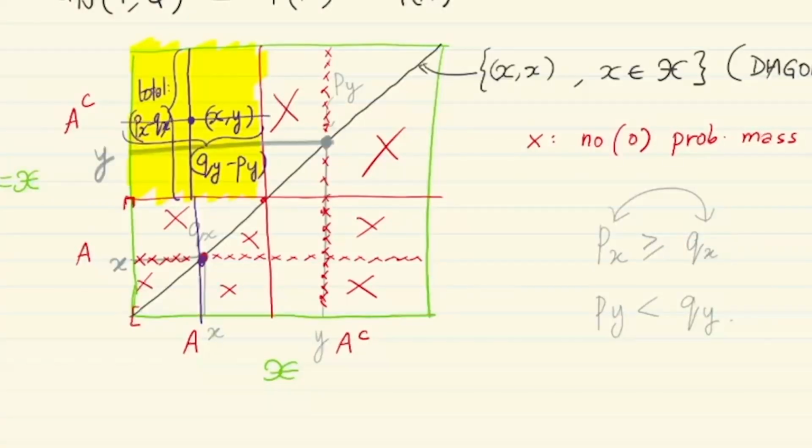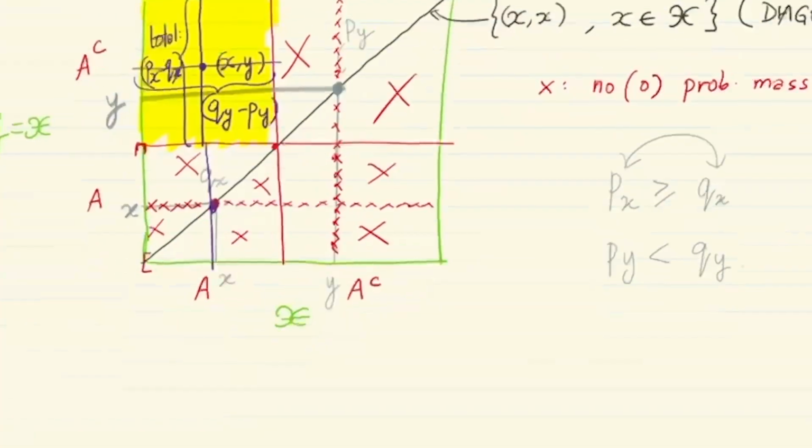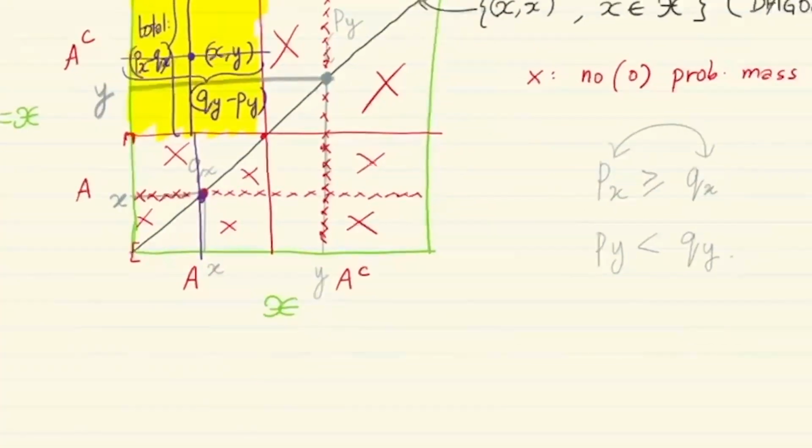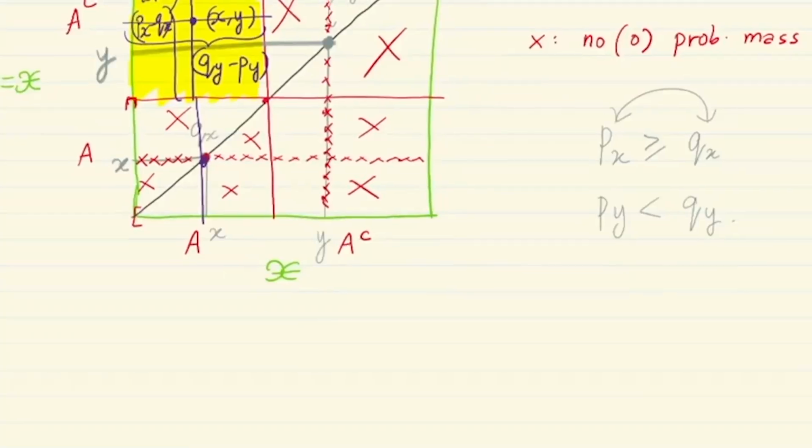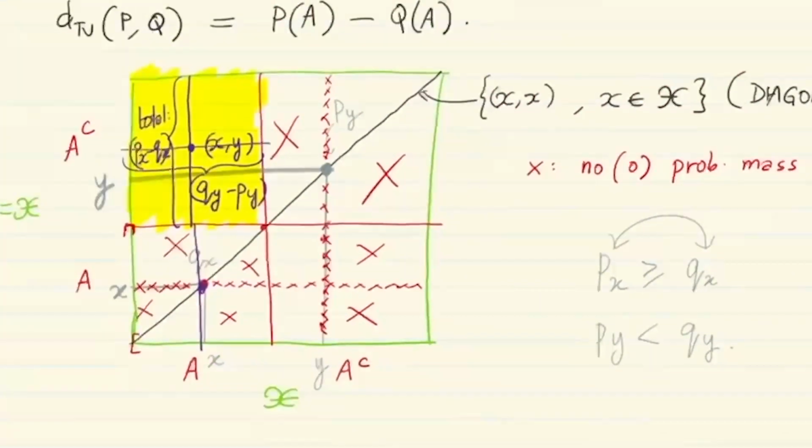So for every such horizontal and vertical line passing through x and y in the northwest quadrant, the distribution must be such that you should find px minus qx on the vertical part and qy minus py as a total on the horizontal line segment. Okay, so this is now just like a product constraint.